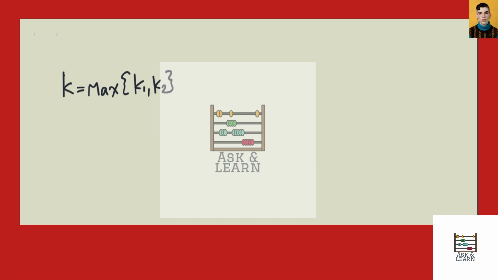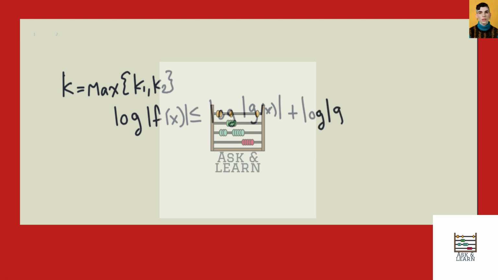All right, so that gives us that the log of f of x is going to be less than or equal to, right? And so we're going to replace the log of c by the log of g of x, because we know that log of g of x is going to be greater than log of c, so we can say that. And then we're going to add in the log of g of x that was already there.